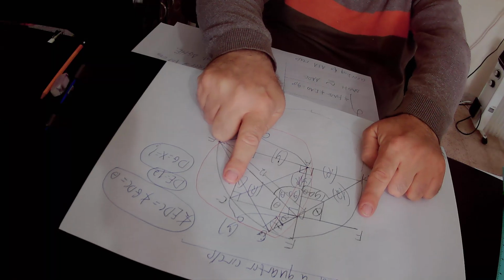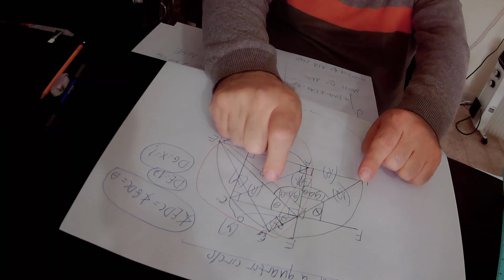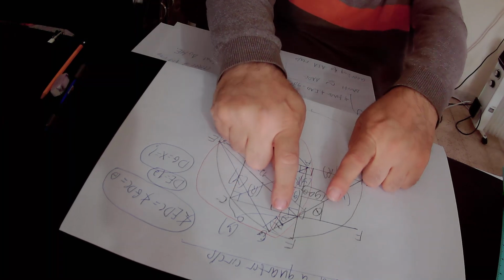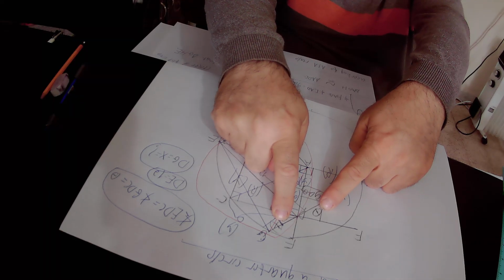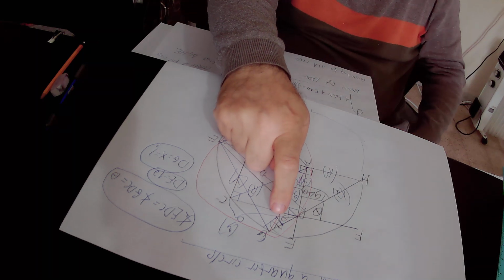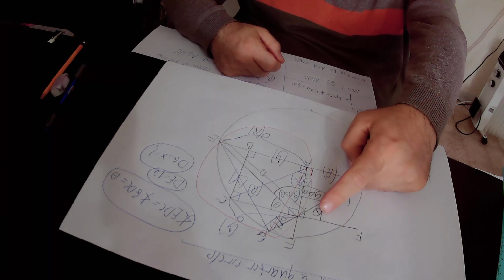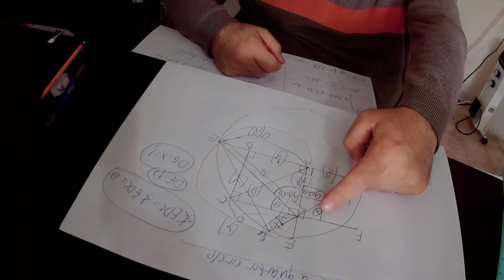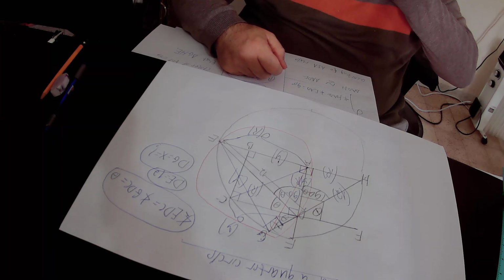This way we got the straight line CF. And here we have 2 vertex angles that must be equal to each other according to the rule that vertex angles are equal to each other. But this vertex angle is equal to theta, therefore the other vertex angle must also be equal to theta in size.